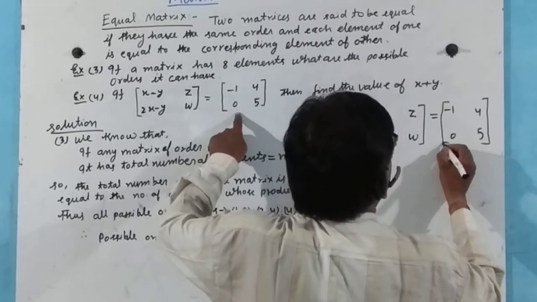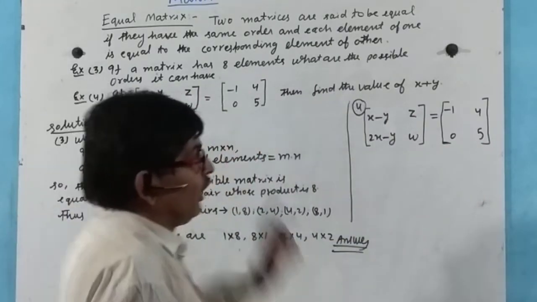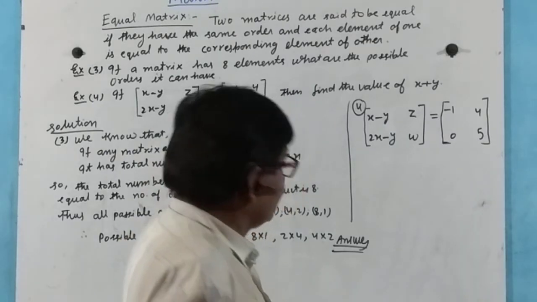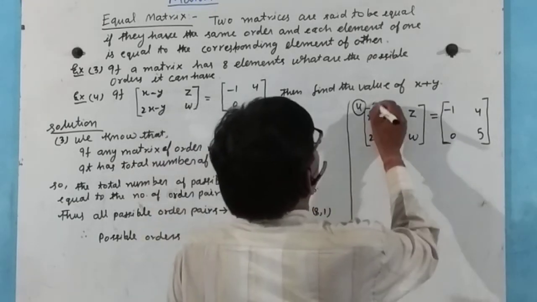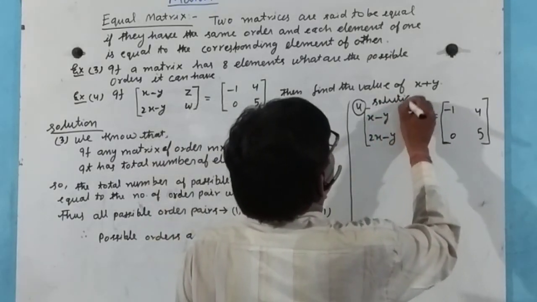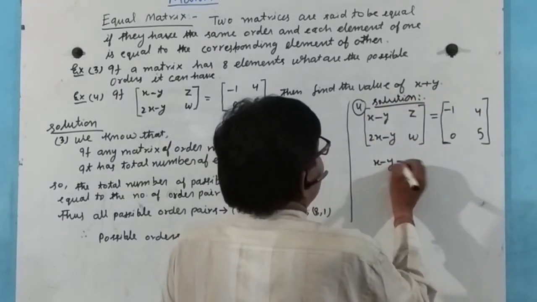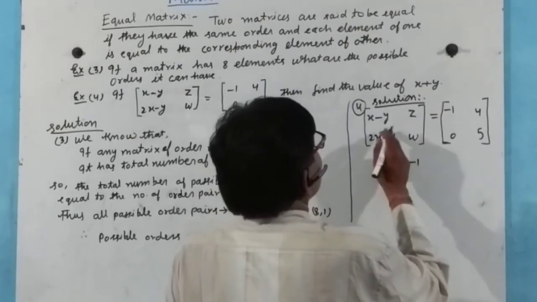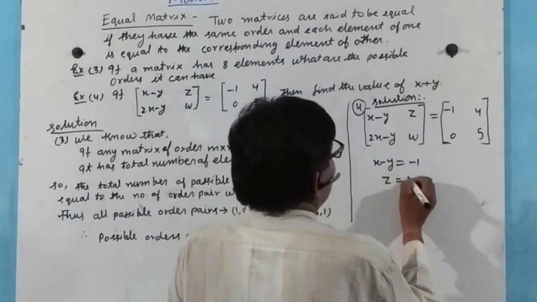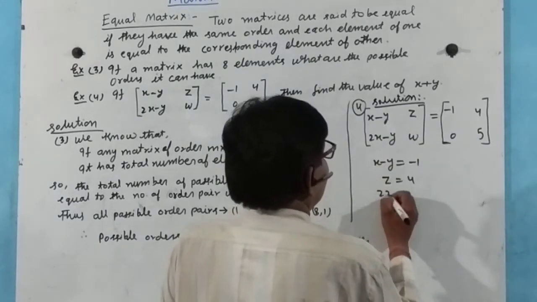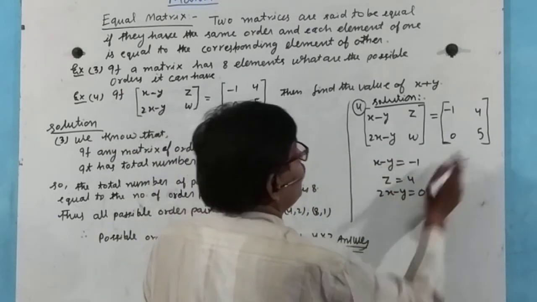In this case, if both matrices are equal, as you know, corresponding elements are also equal. Now x minus y equal to -1, z equal to 4, 2x minus y equal to 0 and w equal to 5.